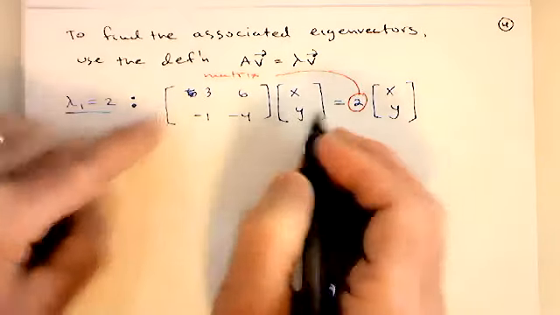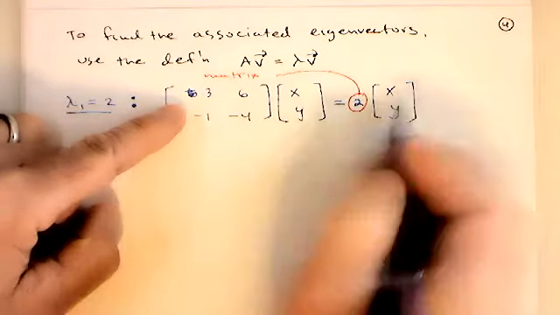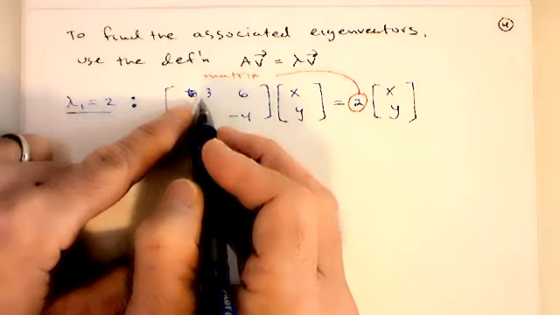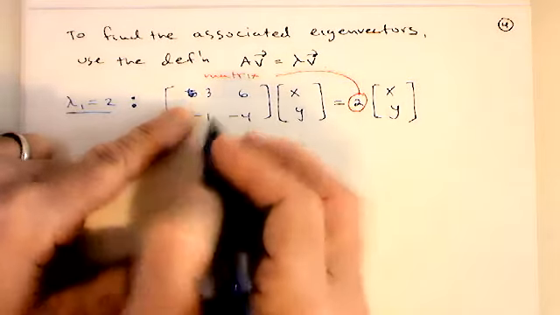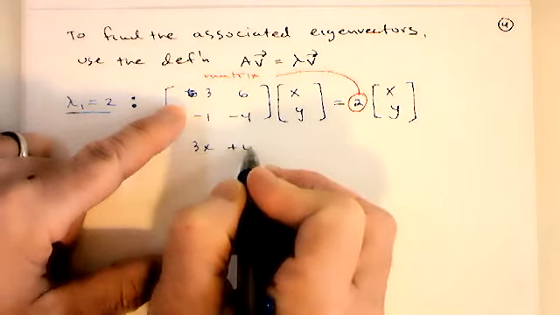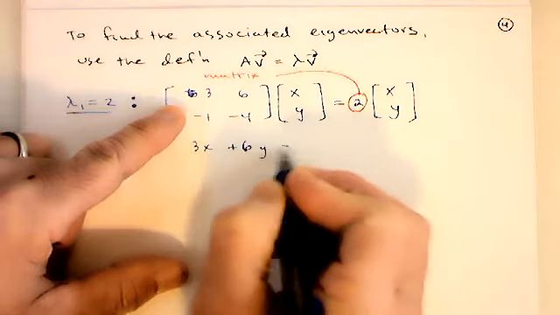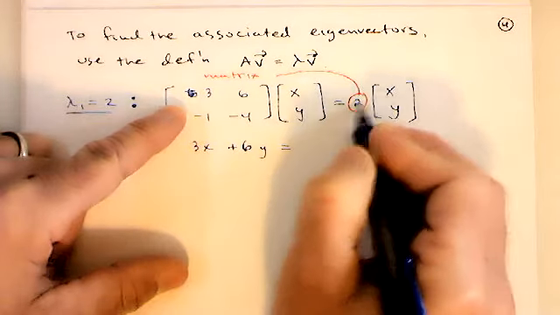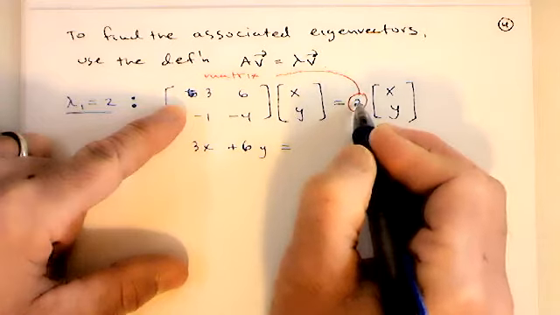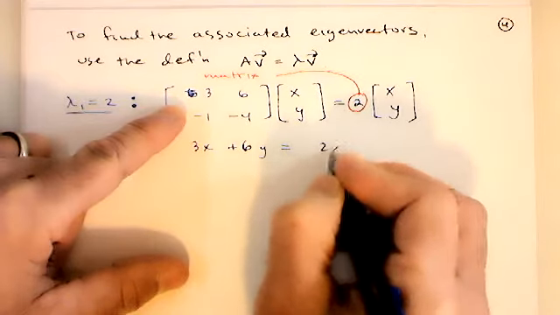Anyhow, to find the eigenvector, here's what we're going to do. Since this is an equation, if we multiply out the first row times the column, 3x plus 6y, that should have equaled the top number here, which would be basically 2 times x.